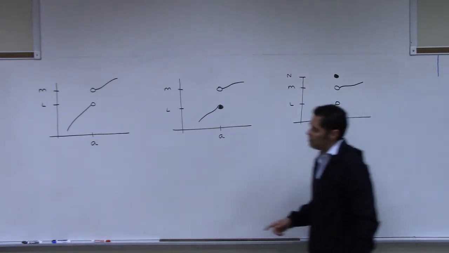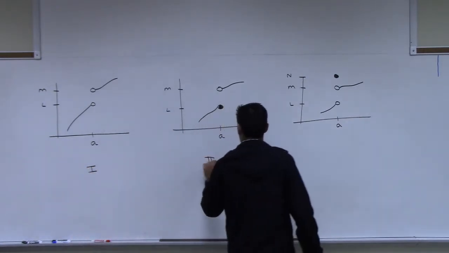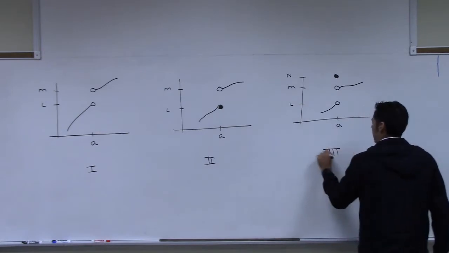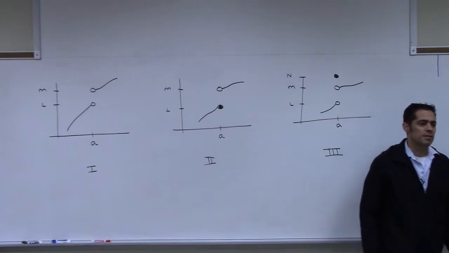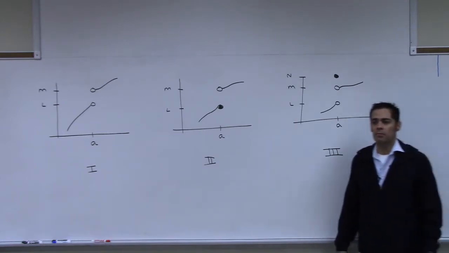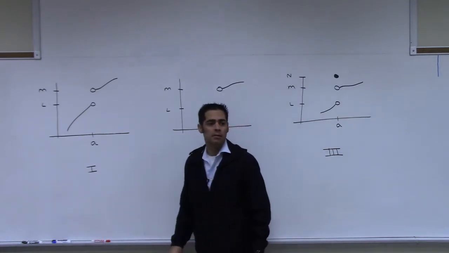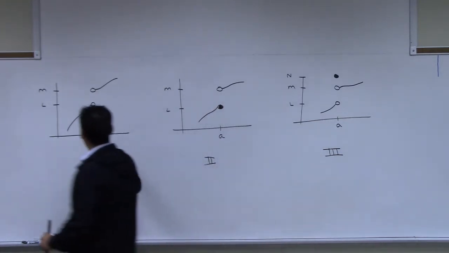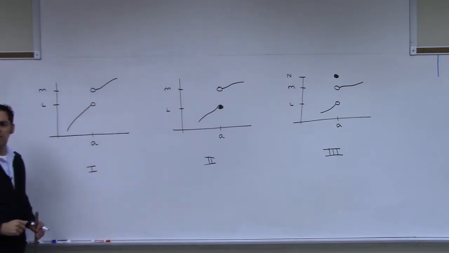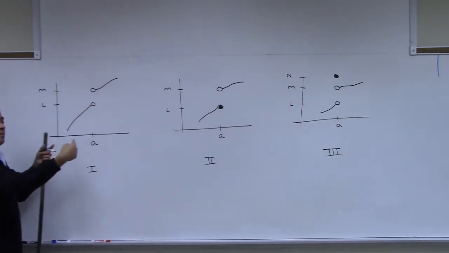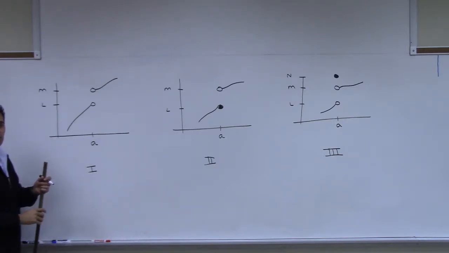Okay, so for this first one, we'll just say this example 1, example 2, example 3. So for example 1, does the limit exist at A? No? Okay, why not? They don't go to the same place from both sides. That's why the limit doesn't exist, right?